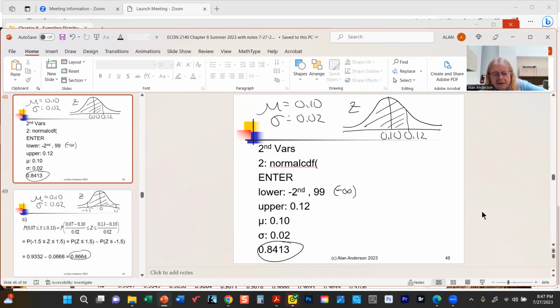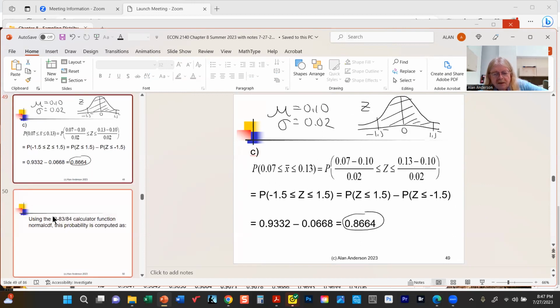Okay. Now for C, again, we do not have in-between probabilities in the tables. Using our conversion formula, subtracting 10% divided by 0.02 means we're looking for the probability that Z, the standard normal random variable, is between plus and minus 1.5, which means we have to subtract.